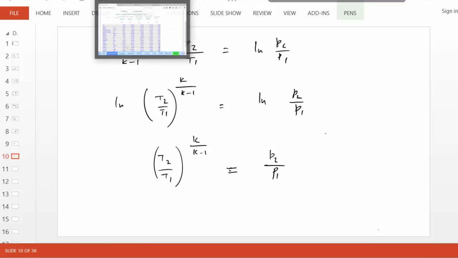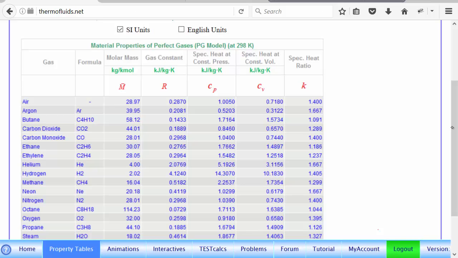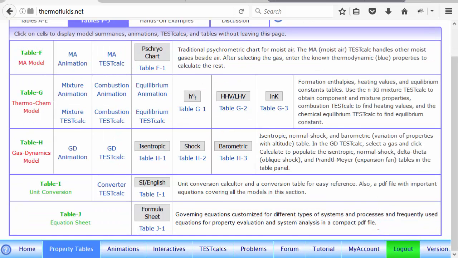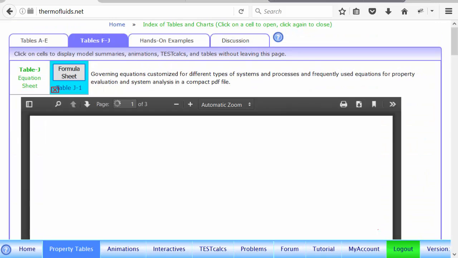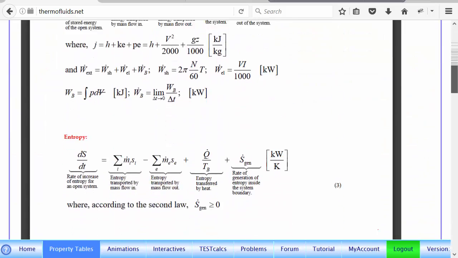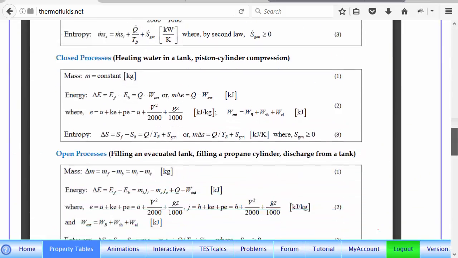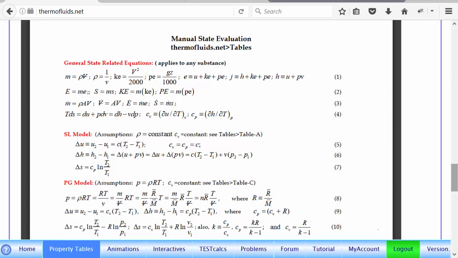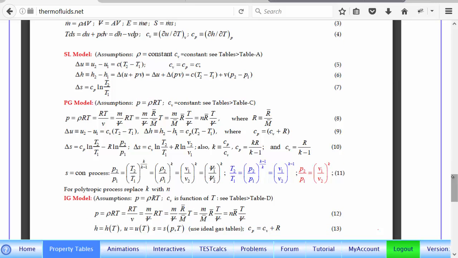And these are all summarized in Table J, the formula sheet. I would urge you to print that out, because when you solve problems manually, this could be very handy. So once again, you can see the general equations which are valid for all models, and then we have the summary of the SL model, and then here is the PG model.